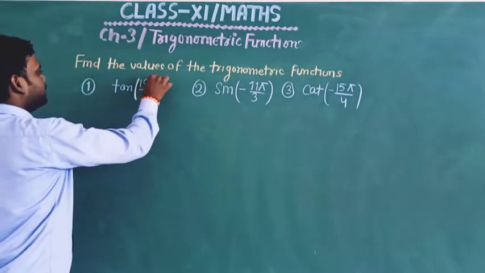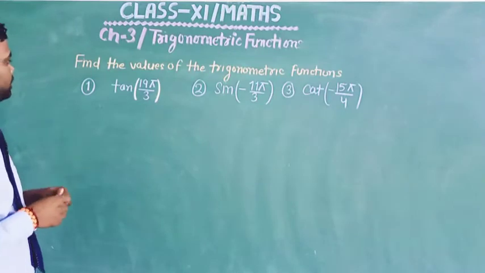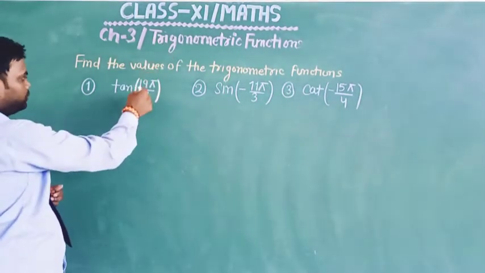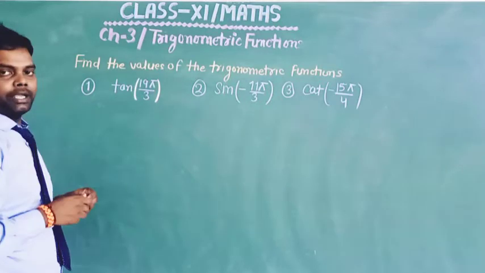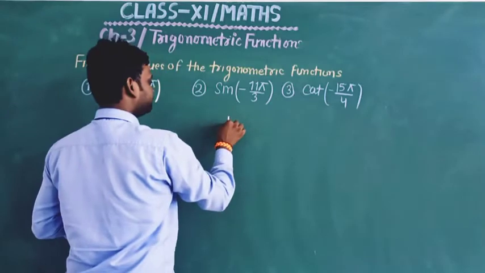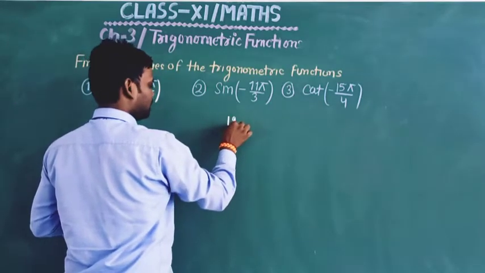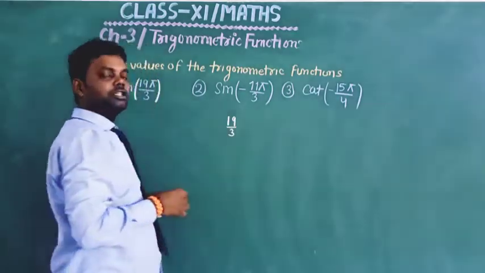Here the angle is given in radian measure. So here it is given as 19π/3. First write 19 by 3 alongside. Now divide 19 by 3.